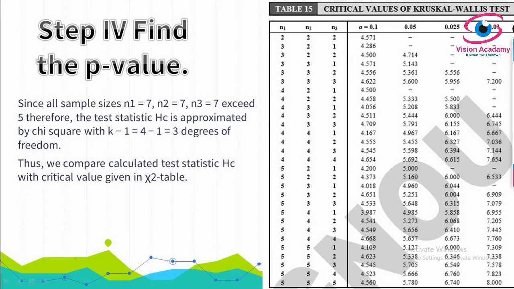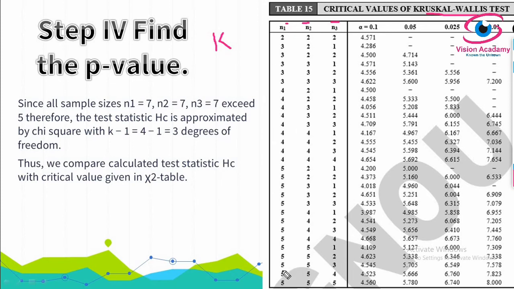So look at this table. This is the table of the Kruskal Wallis test. Here we can only encounter a number of groups as 1, 2, 3. That is, we can entertain only 3 groups, and in each group we can only entertain 5 samples.